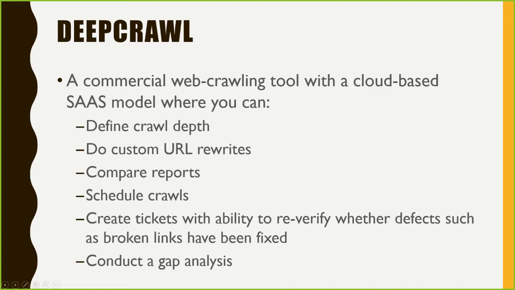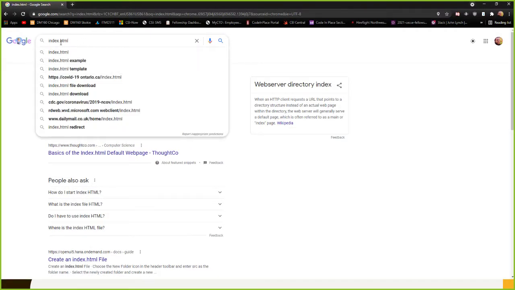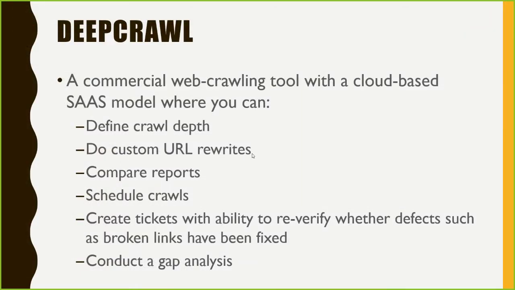So what that means is, if you've ever done some website design before, if I go to a website called index.html, there are ways that we can rewrite our URL so that it just says index instead of having the .html after it. That is essentially what a rewrite is, where you can remove the .html from anything. And then there are a few more items here as well.